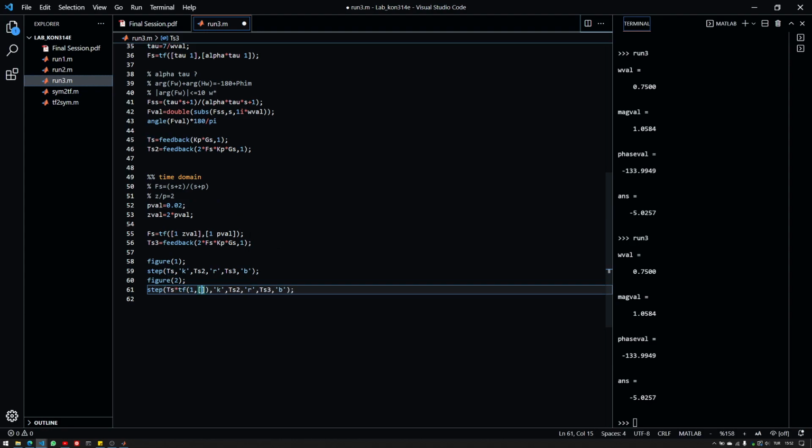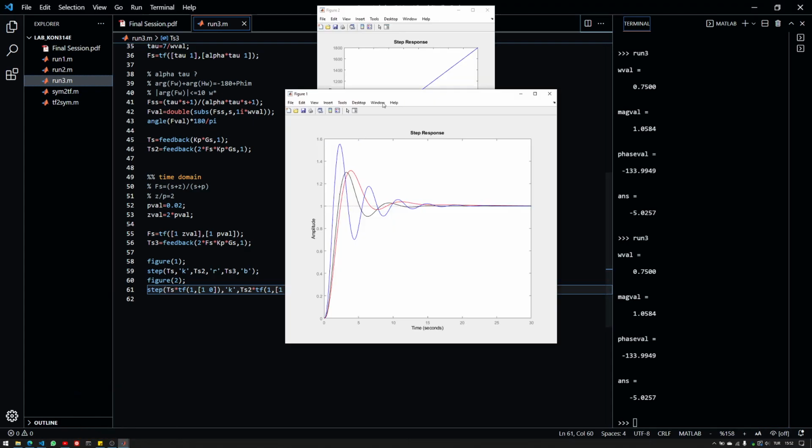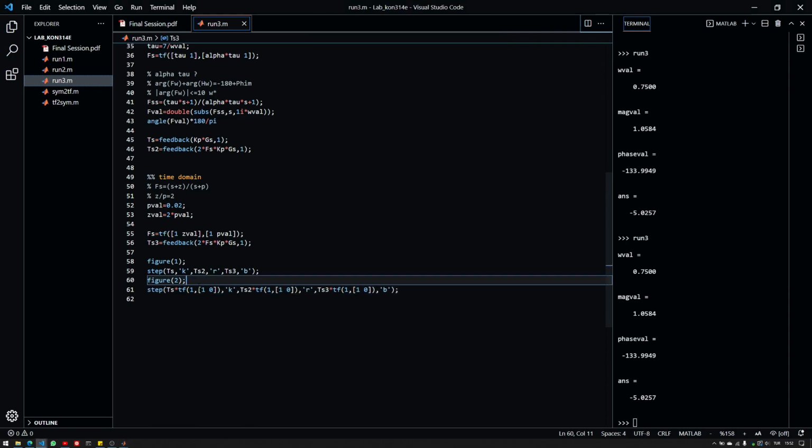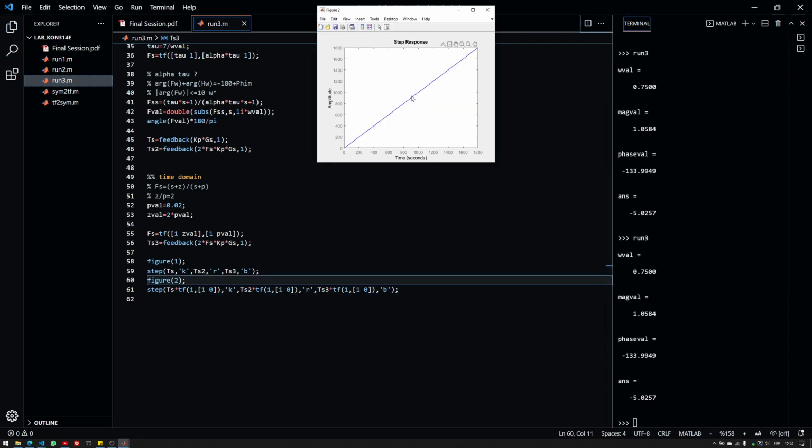So add the integrator to have the ramp response. So that we have, hold on. It seems like we don't need it, but yeah.